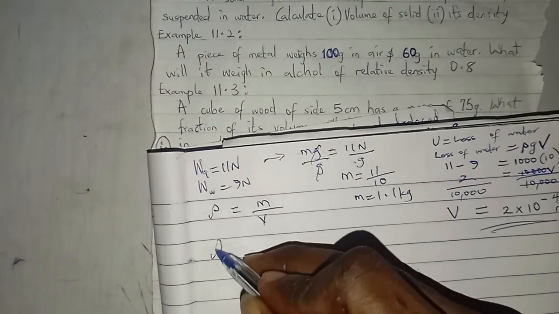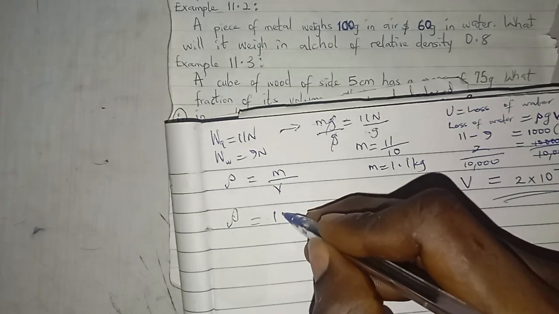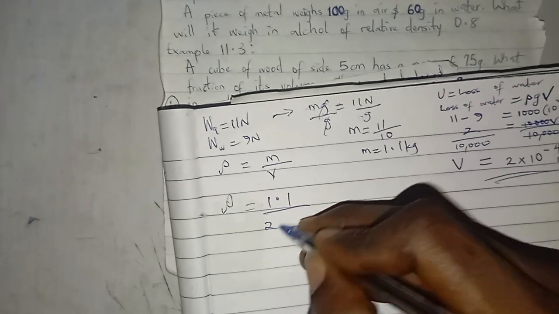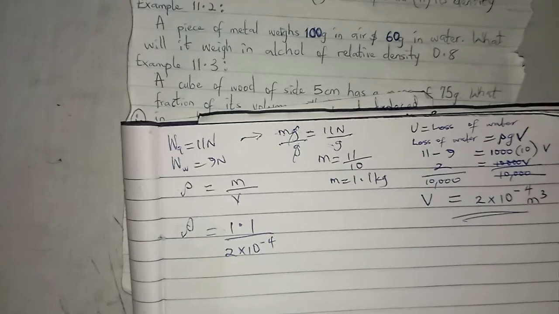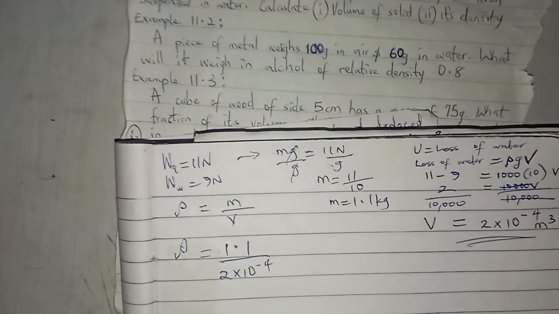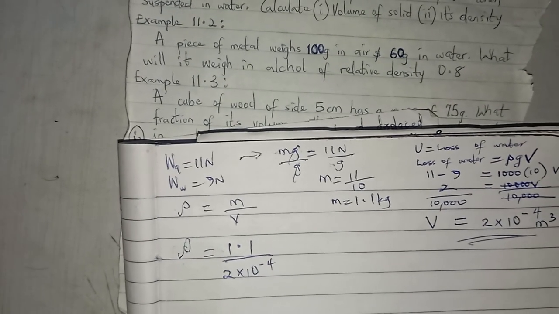So the density will simply be equal to 1.1 all over 2 times 10 raised to the power minus 4. So 1.1 divided by 0.0002.